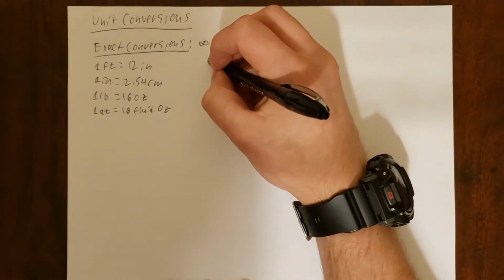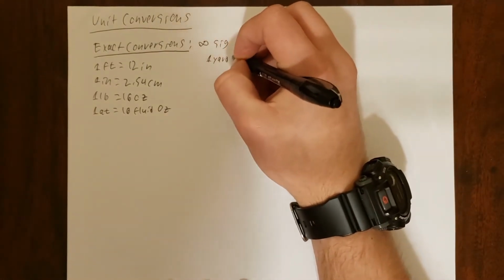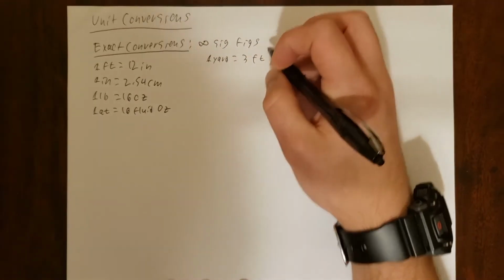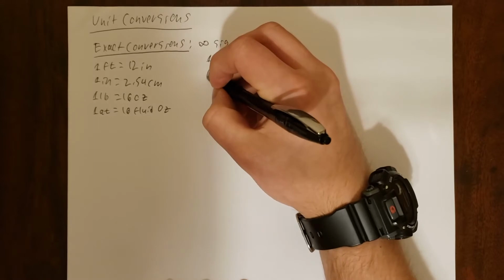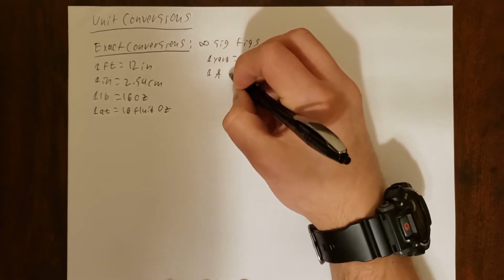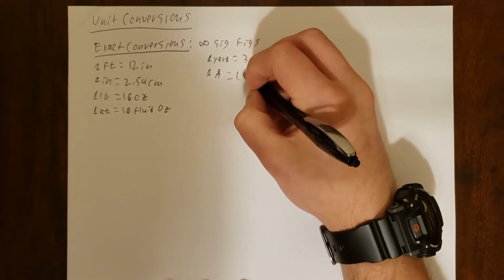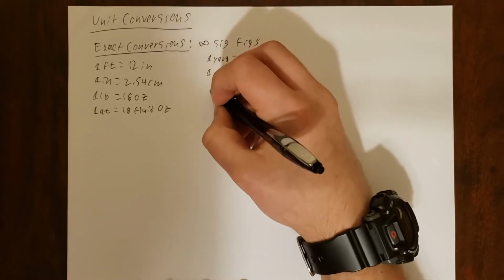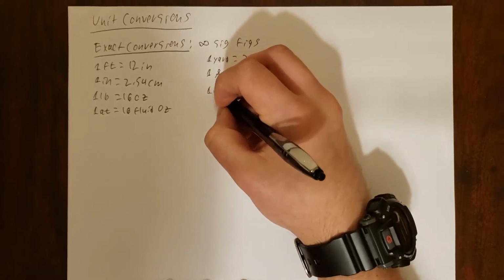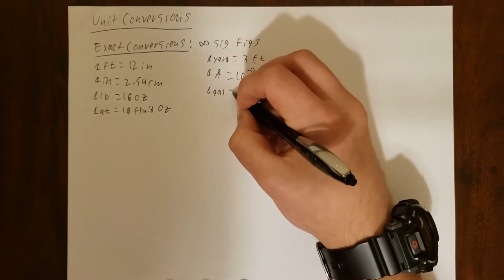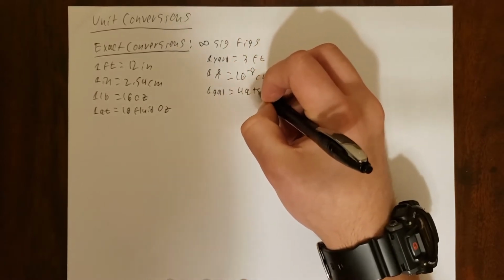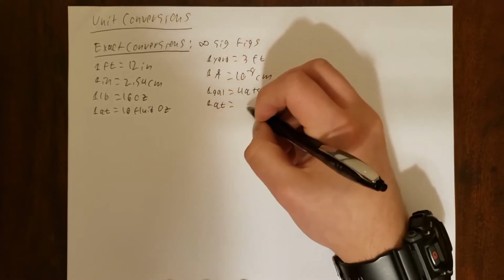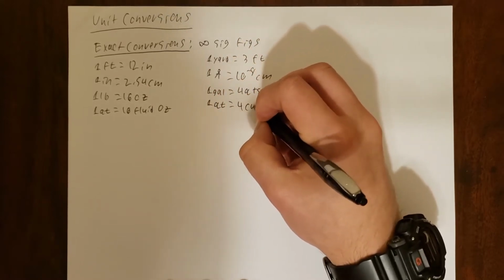We know that 1 yard is equal to 3 feet. We know that 1 angstrom is equal to 10 to the negative 8th centimeters. We know that 1 gallon is equal to 4 quarts. And we know that 1 quart is equal to 4 cups.